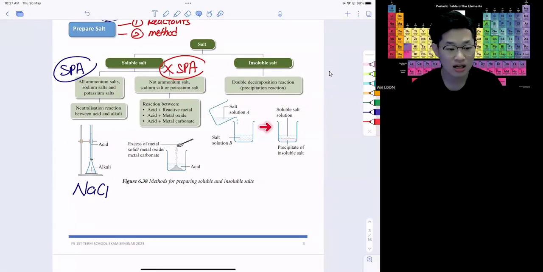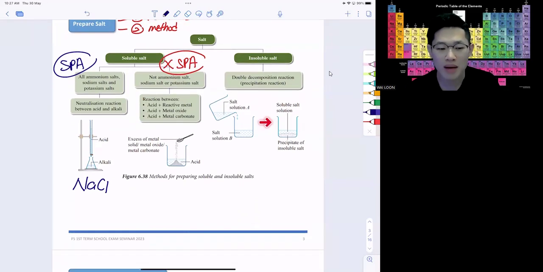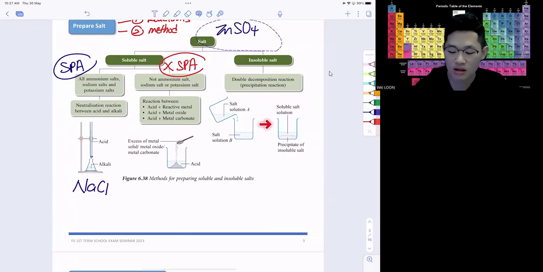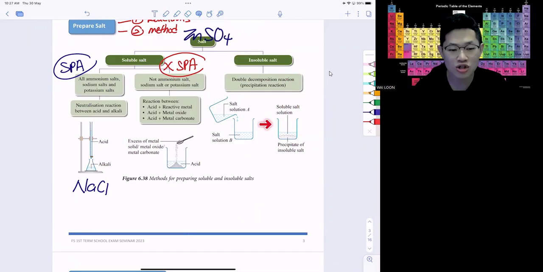Understand? Okay. Next, if I want to make zinc sulfate, is zinc sulfate soluble? Nice, soluble. Does it come with SPA or no SPA?